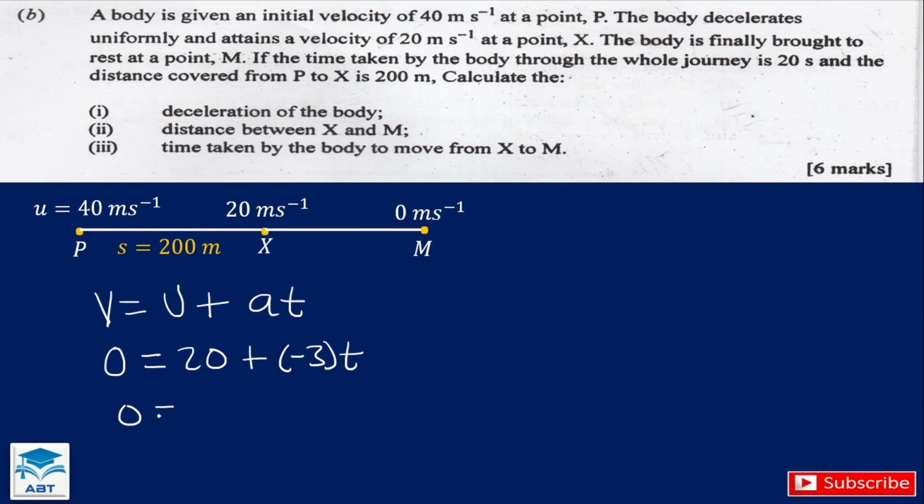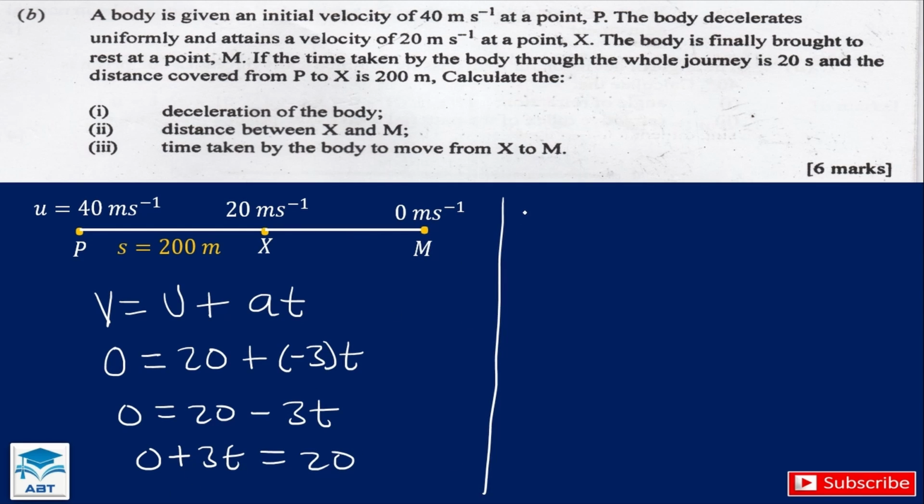So we have 0 is equal to 20 minus 3t. Let's bring t to this side of the equation. We will have 0 plus 3t equal to 20.